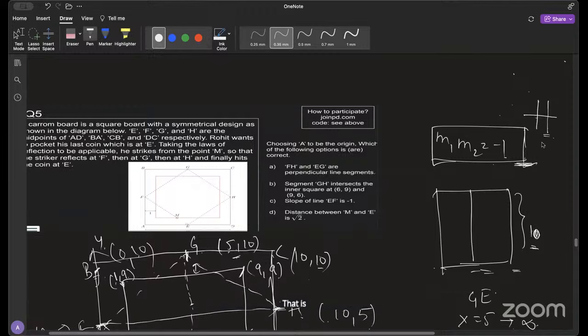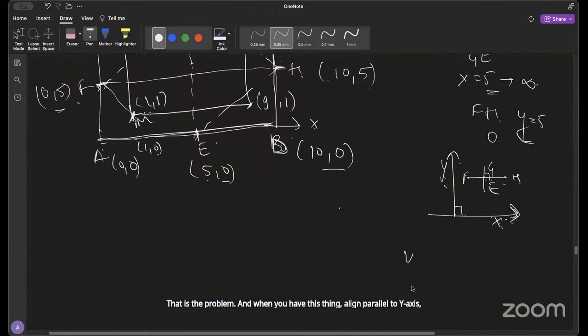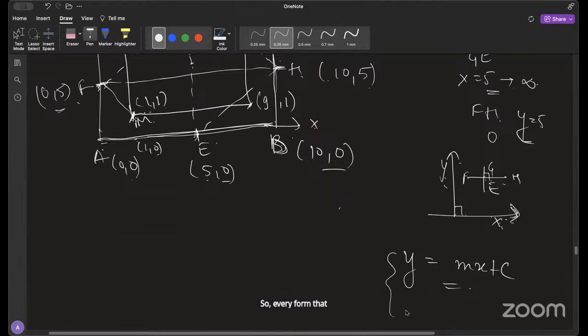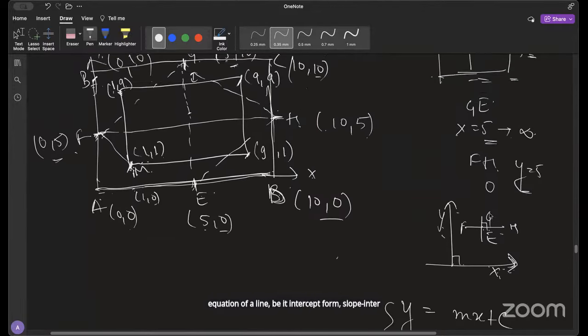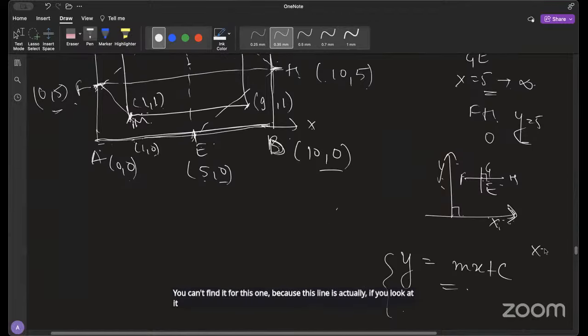That is the problem. And when you have a line parallel to the y-axis, you can't use the form y equals mx plus c. Every form that you use to find the equation of a line, be it intercept form or slope intercept form, you can't find it for this one because this line is actually x equals 5.